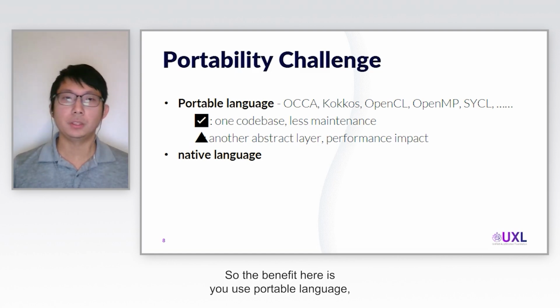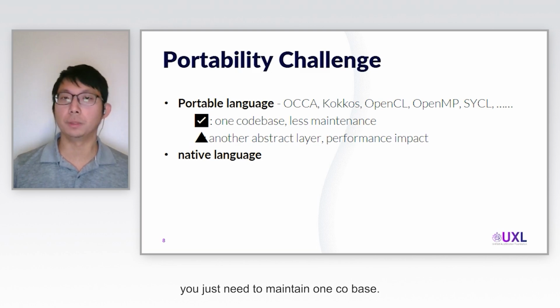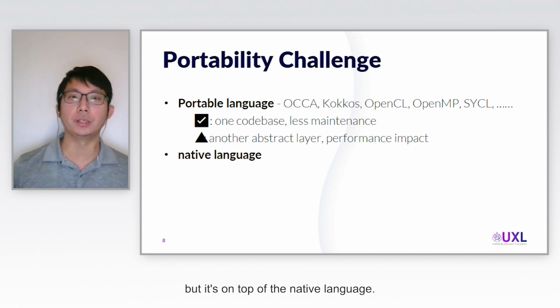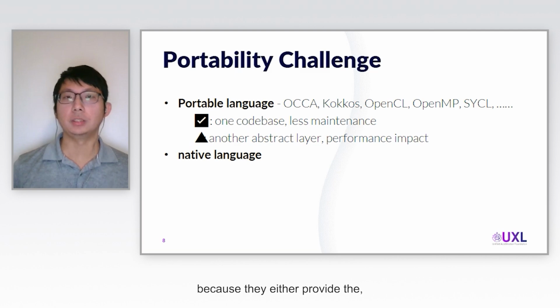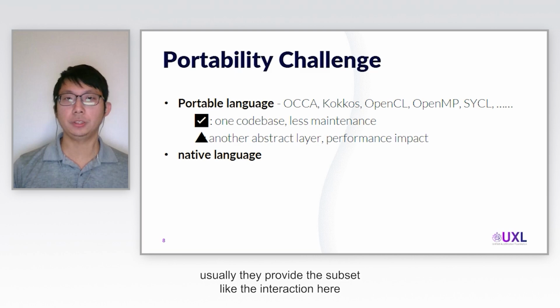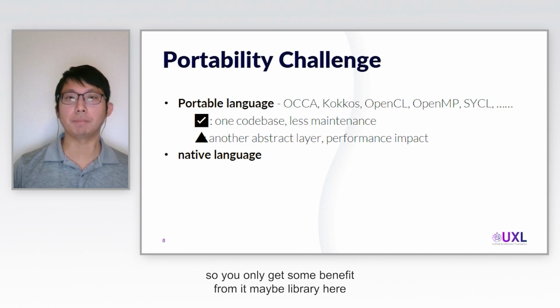The benefit is that you only need to maintain one code base. Definitely it's less maintenance, but it sits on top of the native language, so you always have another abstraction layer and some performance impact, because usually they provide only a subset, so you only get some benefit from the vendor library.